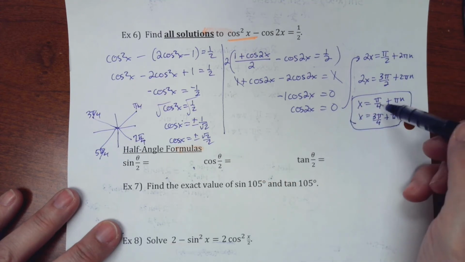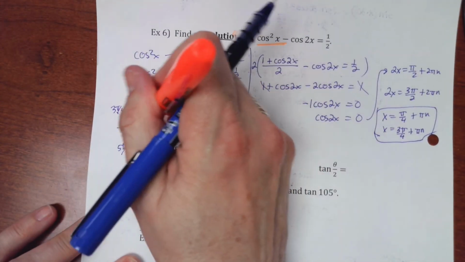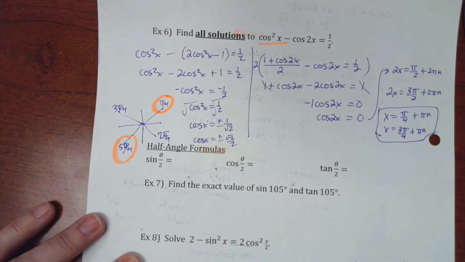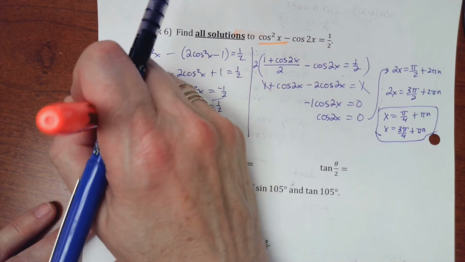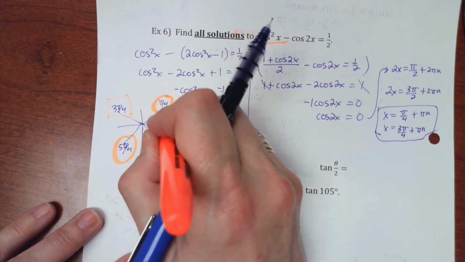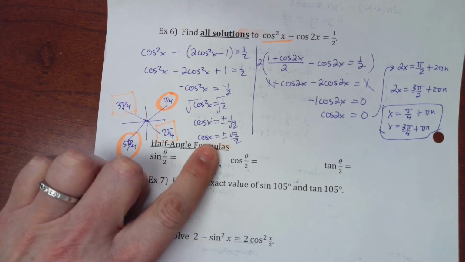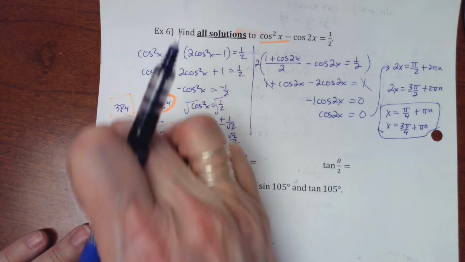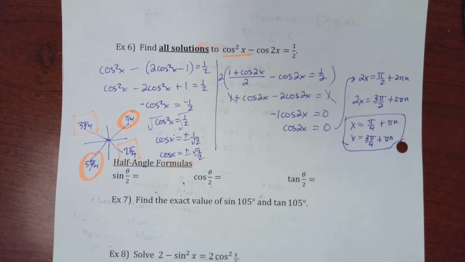So it's pi over 4 plus pi n. Well, that takes care of this and this. And then it's 3 pi over 4 plus pi n. So that takes care of this and this. Okay? So, and if you got down to here, you could just say each one of these plus 2 pi n, or if you realized you could write it this way, you could write it that way.